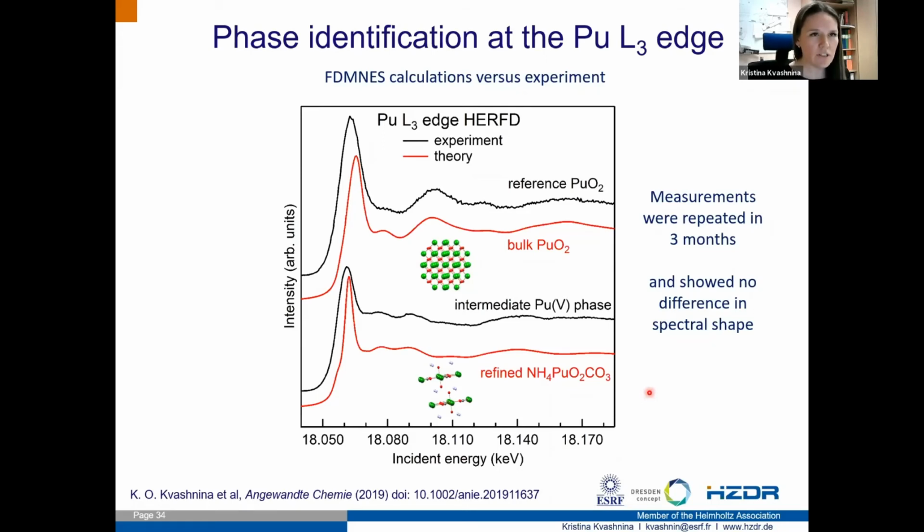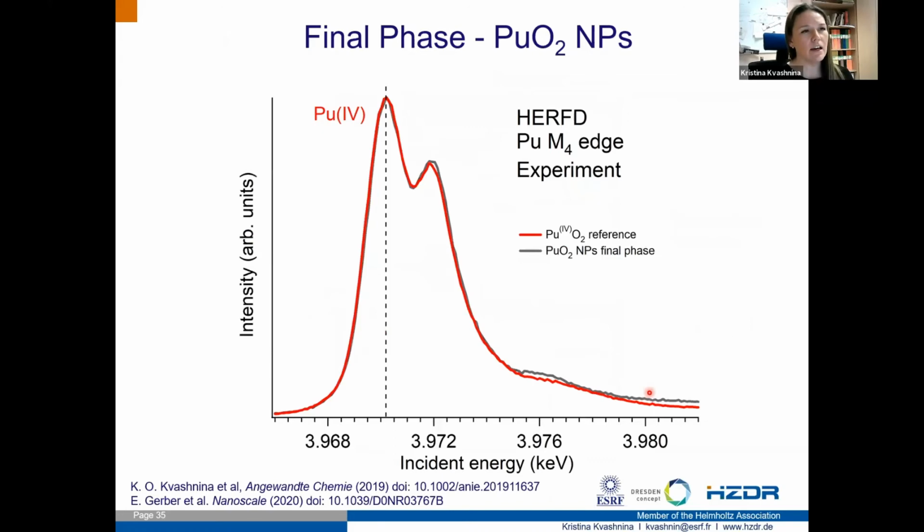Of course, we finished the synthesis until the end, when we formed the plutonium dioxide nanoparticles. And by taking the data, we saw that the final state of the nanoparticles doesn't have any mixtures of oxidation state. It is only a plutonium-4 compound, very similar again to the plutonium dioxide reference.